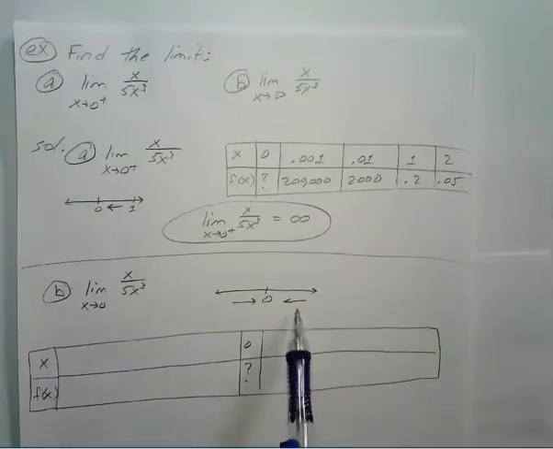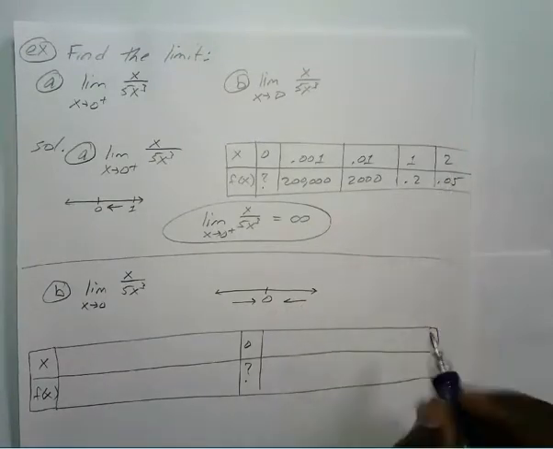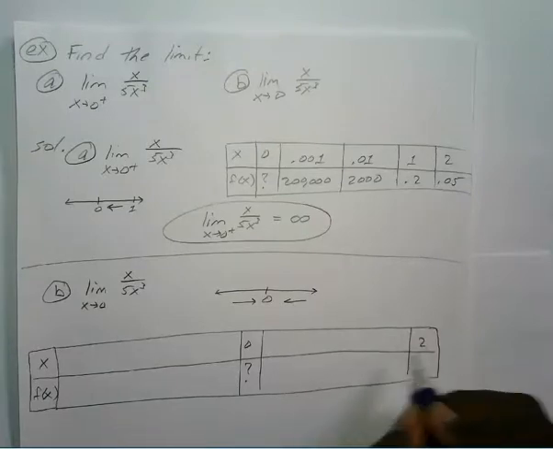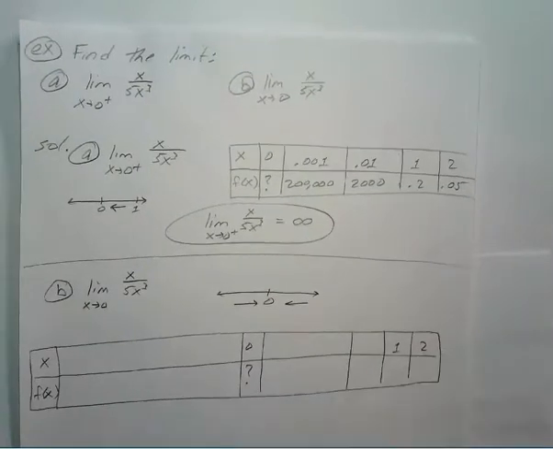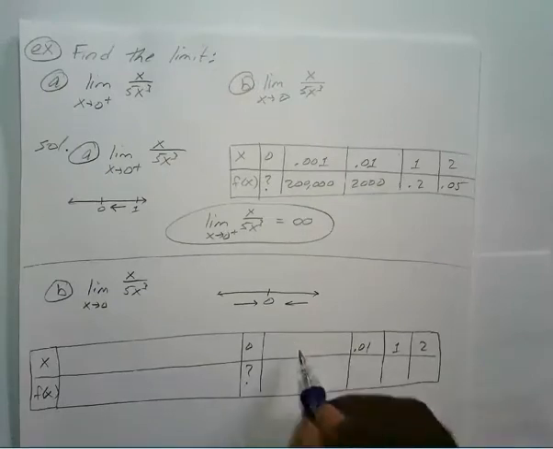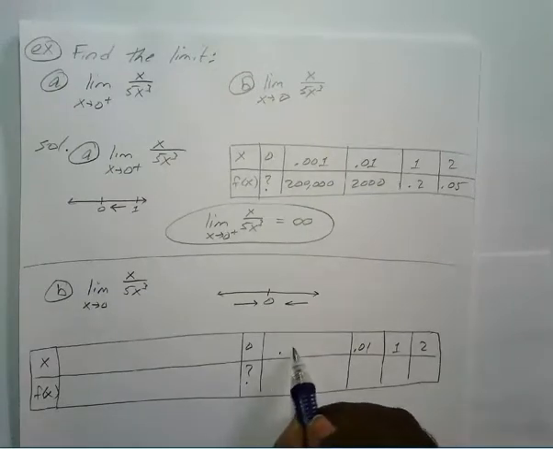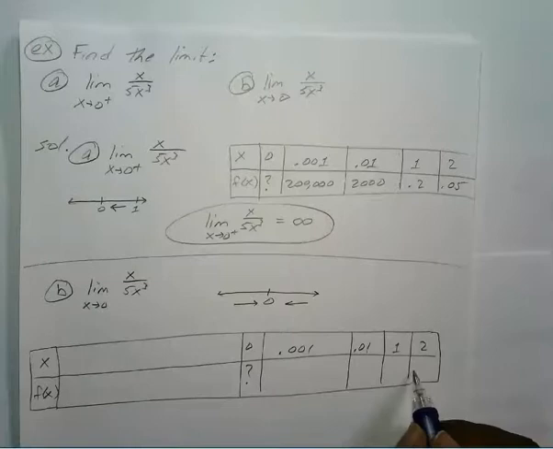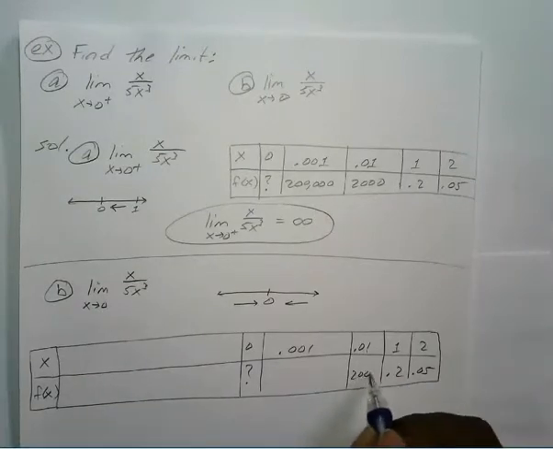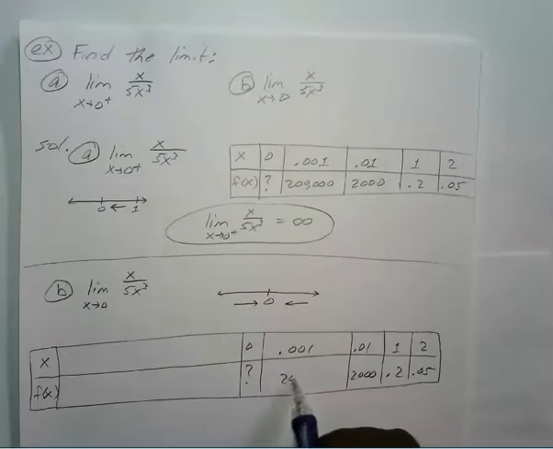We're approaching it from the right, so we already have it up here. We have our 2, 1, 0.01, and 0.001, which gave 0.05, 0.2, 2,000, and 200,000. So we have our limit approaching from the right.